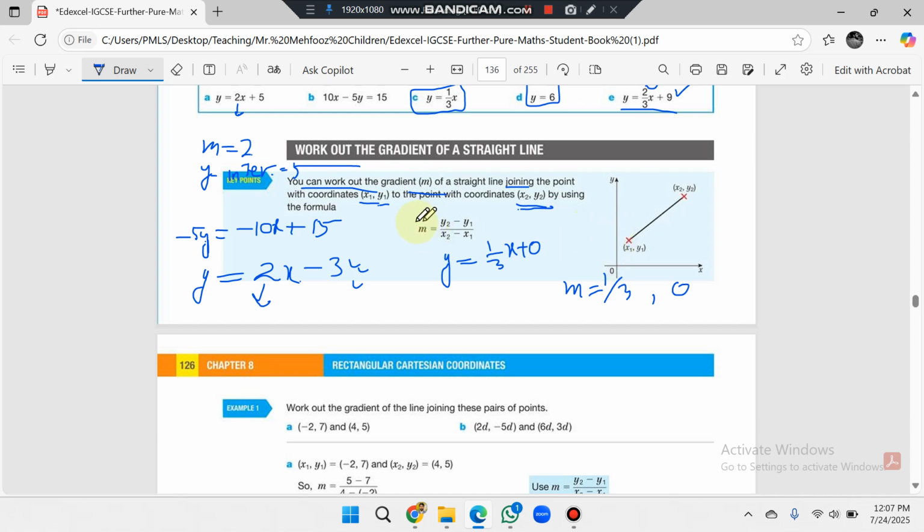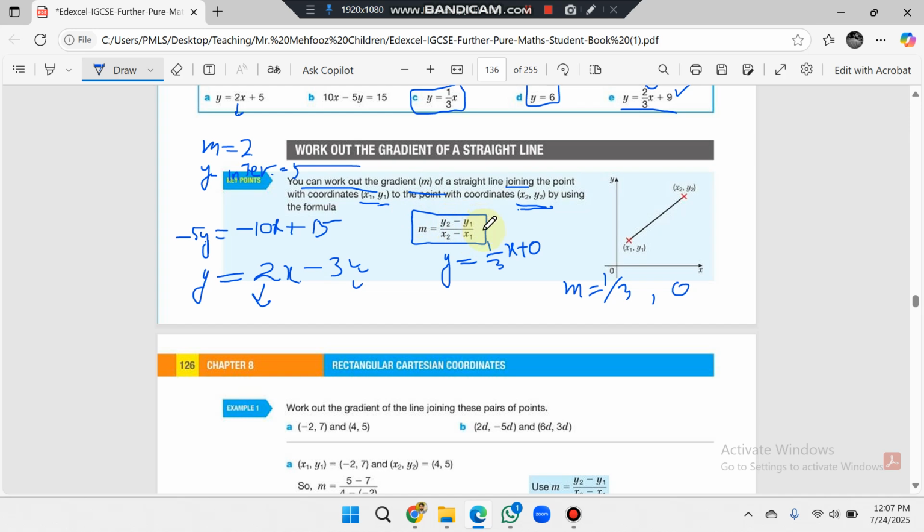The gradient has the formula m equals y2 minus y1 over x2 minus x1. This is the formula for finding the gradient, which has another name, slope.